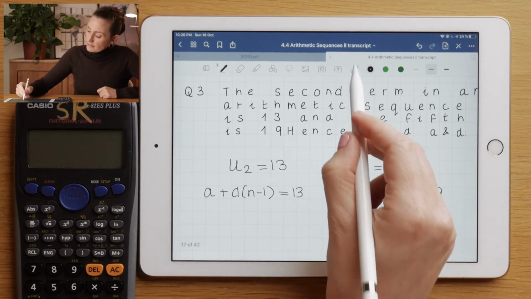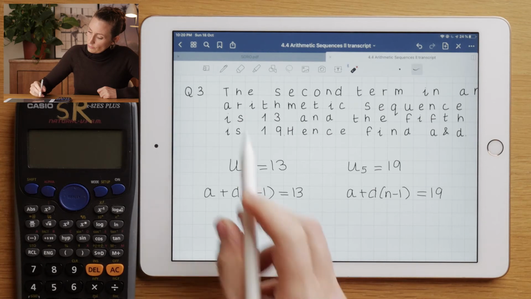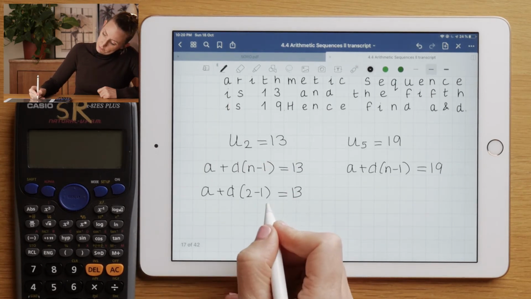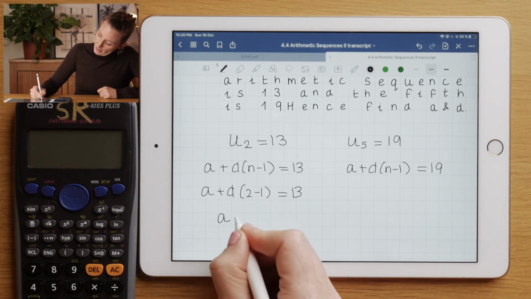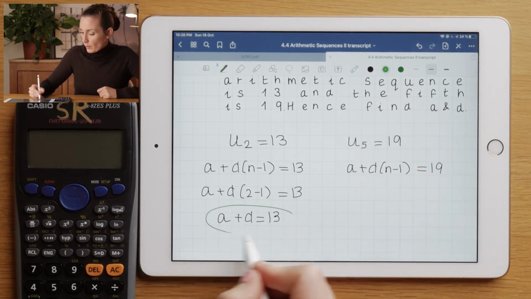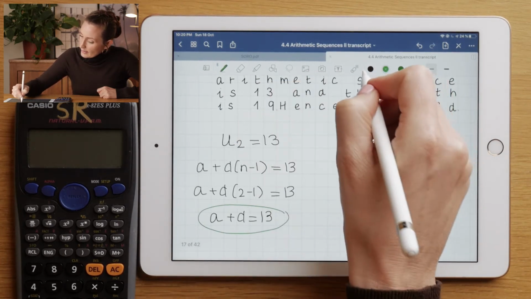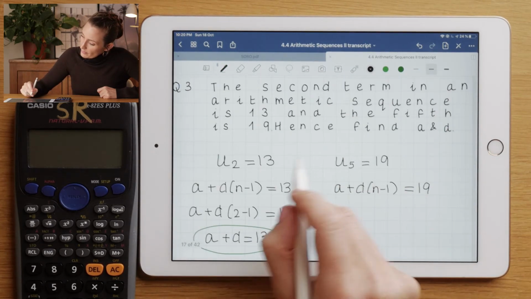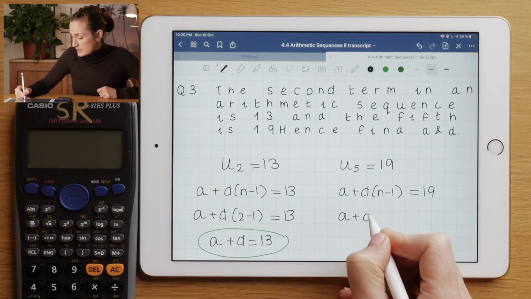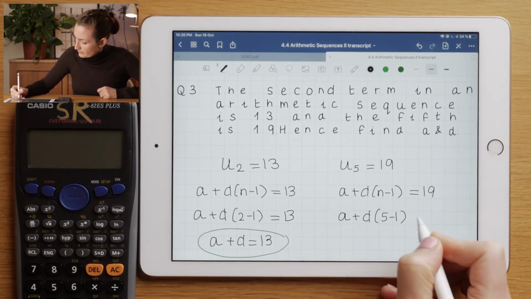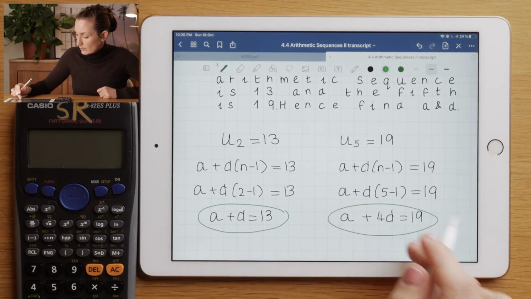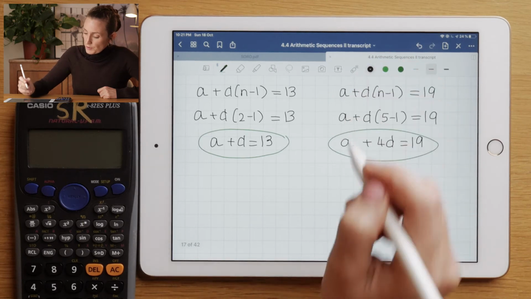But here, because it's the 2nd term, we know that n is 2. So 2 minus 1 is 1, so A plus D is 13, that will give us one equation. And here, we're told that the 5th term is 19, so we know that n is 5, giving A plus 4D is 19. Now you want to set up a simultaneous equation.